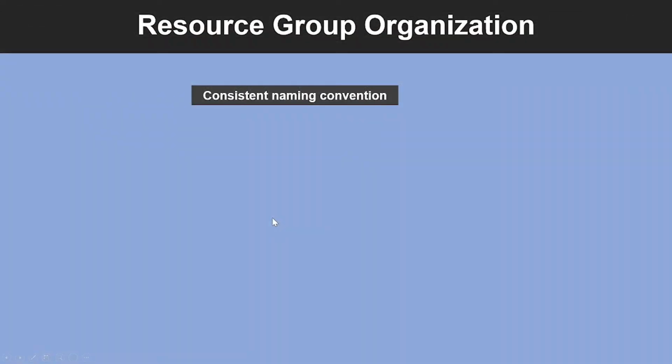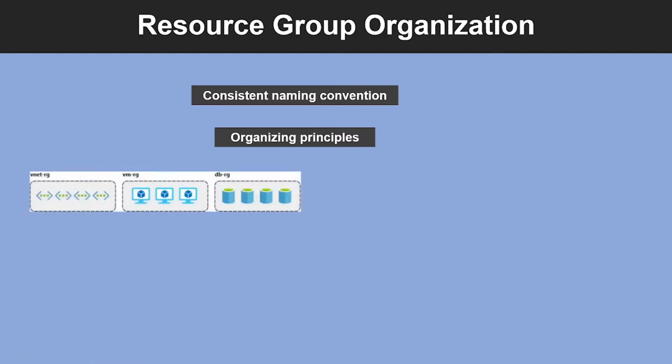Another way of resource organization is by having organizing principles. So you might put all resources that are core infrastructure into this resource group. But you could also organize them strictly by resource type. For example, put all virtual networks in one resource group, all the virtual machines in another resource group, and all the Azure Cosmos DB instances in yet another resource group.